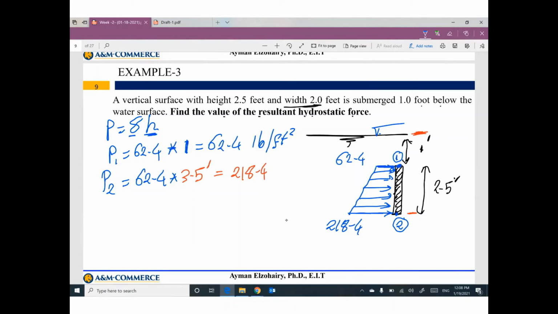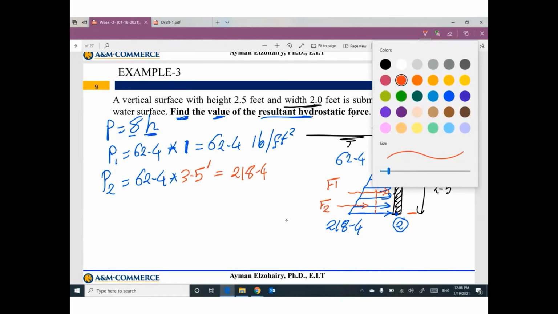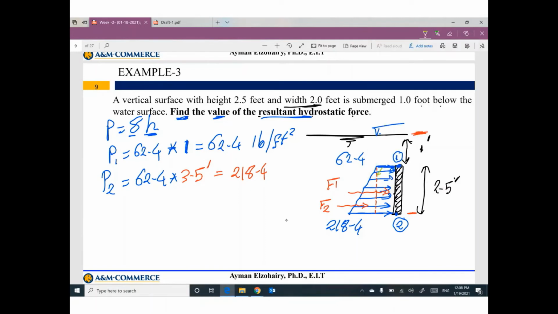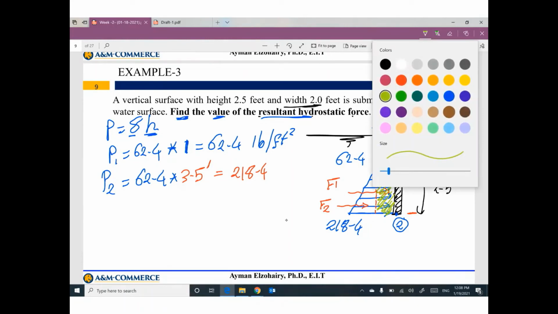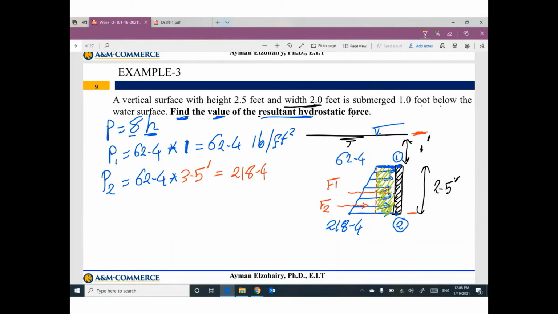If you would like to find the value of the resultant hydrostatic force, that's fine. I can divide it into a rectangle with F1 and a triangle with F2. What is the value of F1? 62.4 times 2.5.